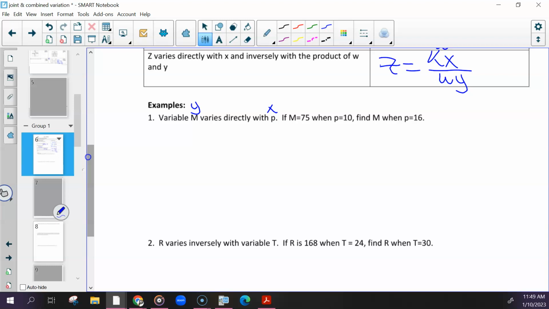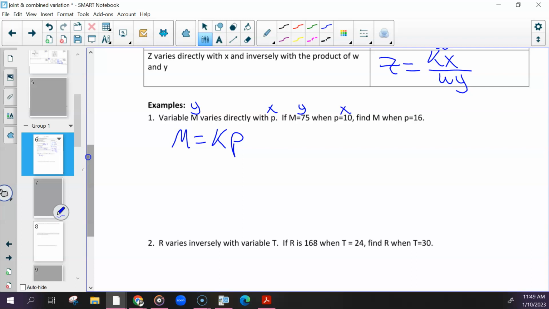Yes. So reset that. M equals k times p. Yes. So now that we know what it looks like, then we can start solving other things. M is still like your y, p is still like your x.